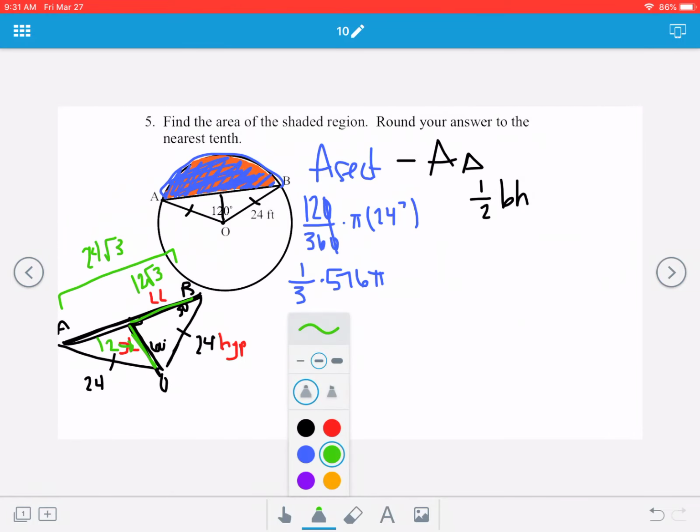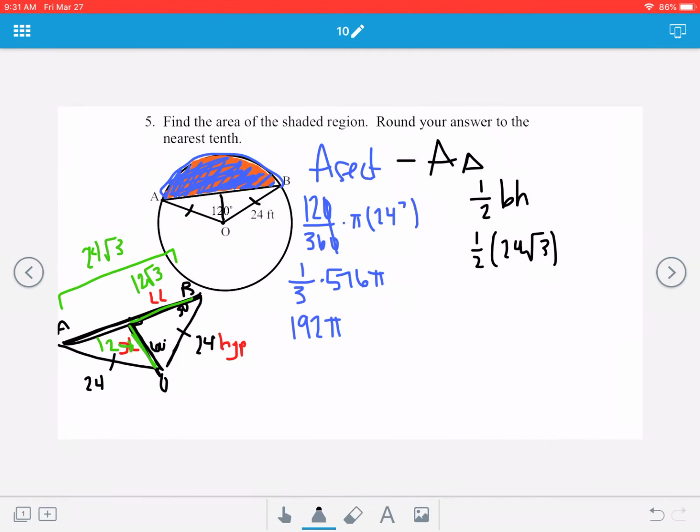So back over here to the right side of the screen, to find the area of a triangle, we have to do 1/2 the base, 24 square root 3, times the height of 12. Half of 24 is 12. 12 times 12 is 144 square root 3.